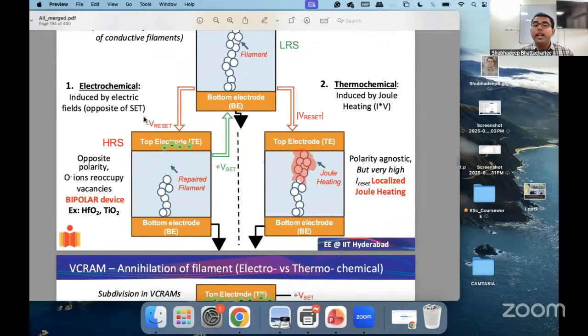But that's not the only way of having the transition from low resistance state back to high resistance state. That's not the only way a filament gets repaired. There is another method, called the thermochemical method, which is induced by Joule heating.